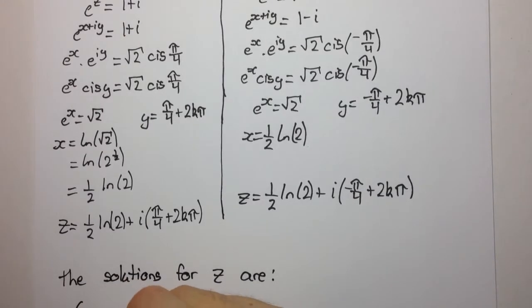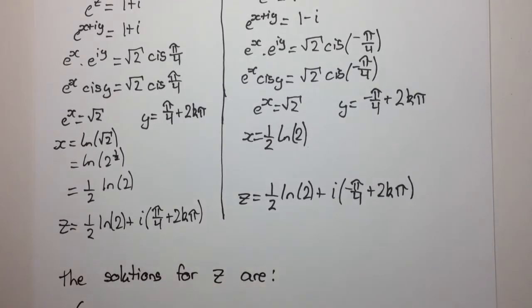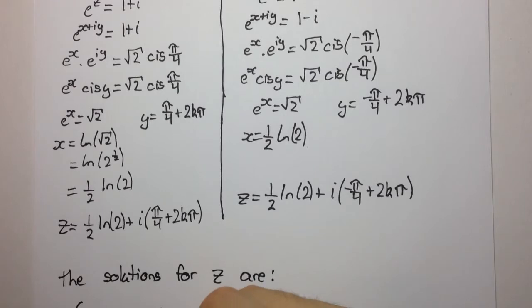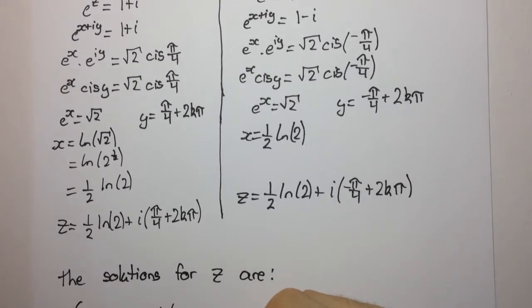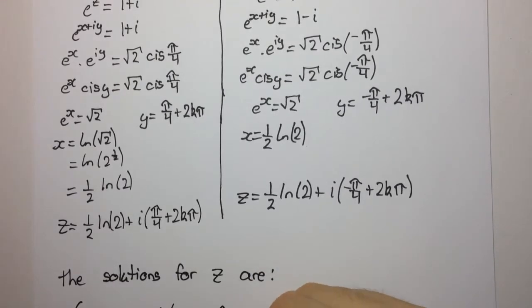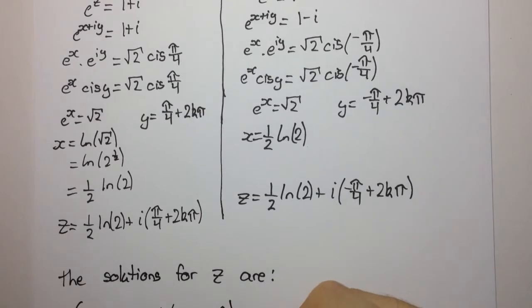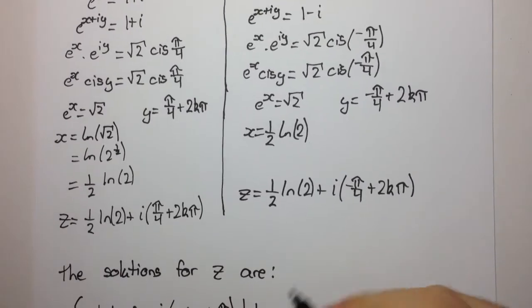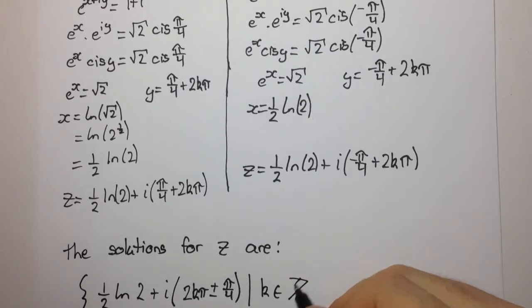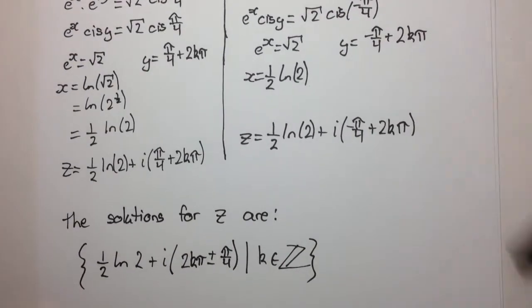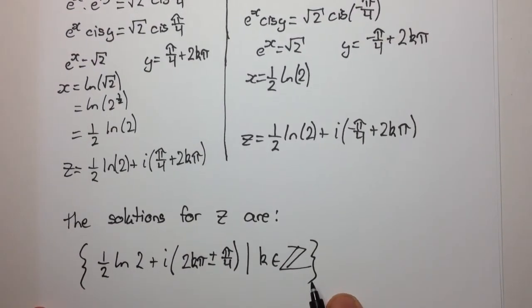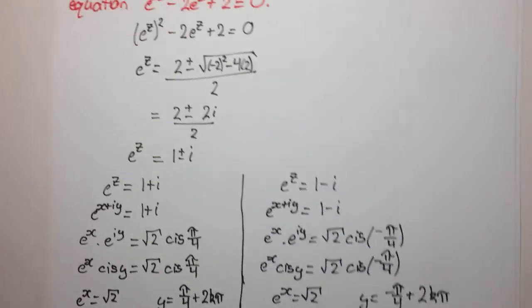The set which is a half ln 2 plus, now you can see that we can combine these two into 2k pi, and really the only way we combine them is by putting plus or minus pi over 4, such that k is an integer. Okay, and so these are the solutions of z for this equation here.